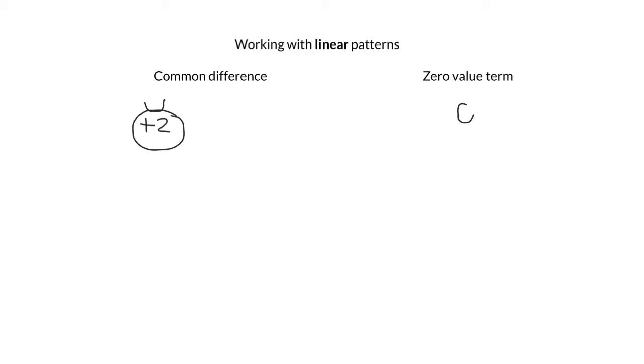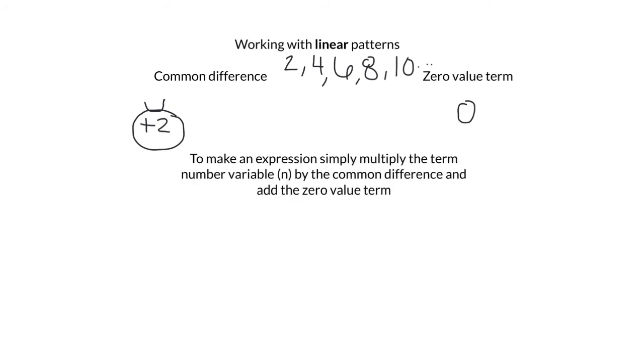So for this pattern that we're working with, the zero value term would be 0. Okay, so that's all we actually need in order to start working on our expression.